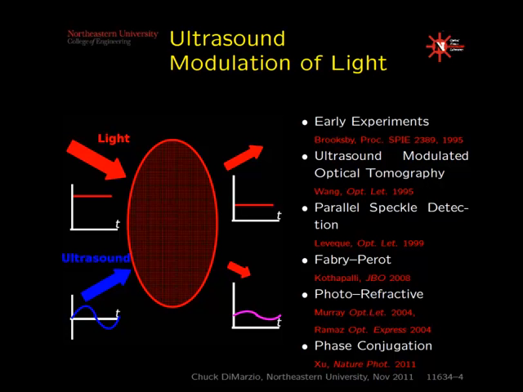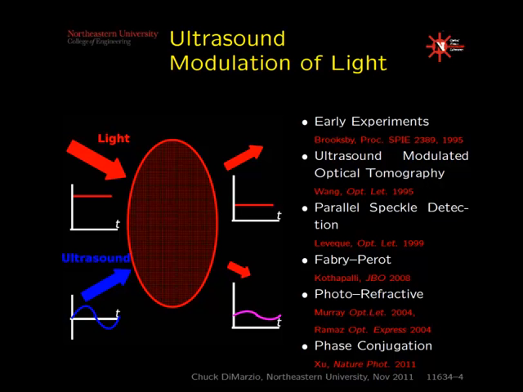And following that, there was a lot of work to increase the strength of the signals. There was work detecting multiple speckles and trying to do some sort of parallel detection. There was a very large high-finesse Fabry-Perot interferometer that actually separated the modulated light in frequency. Keep in mind it's only a few megahertz displaced from the carrier.